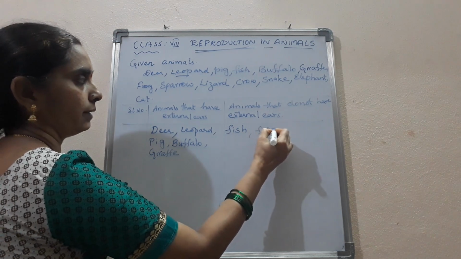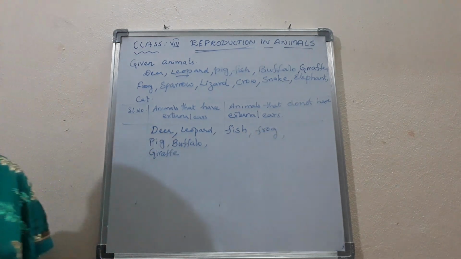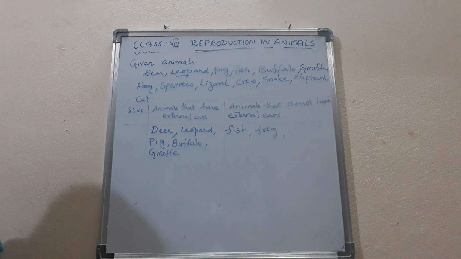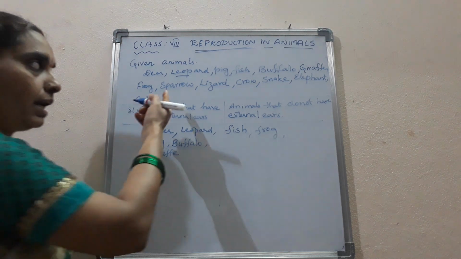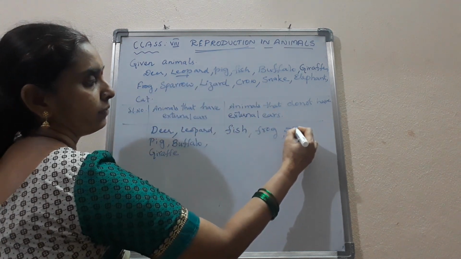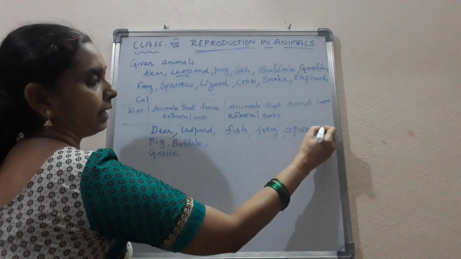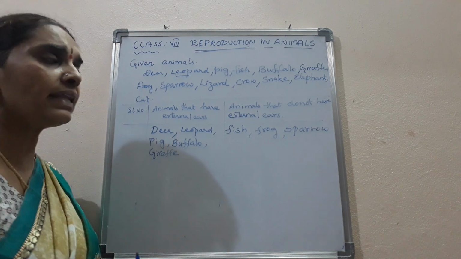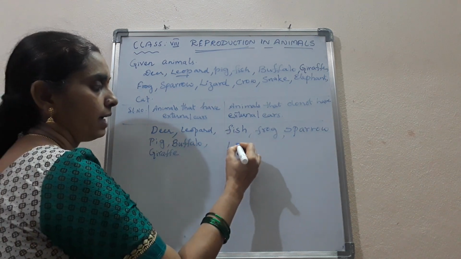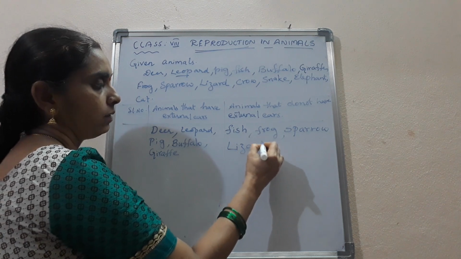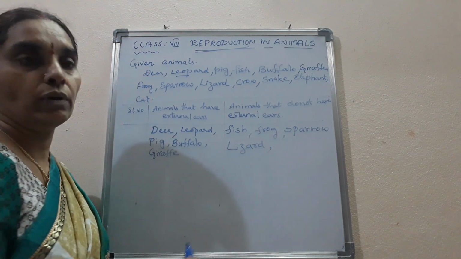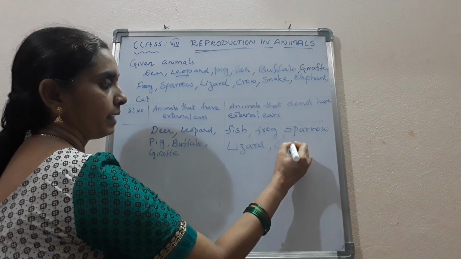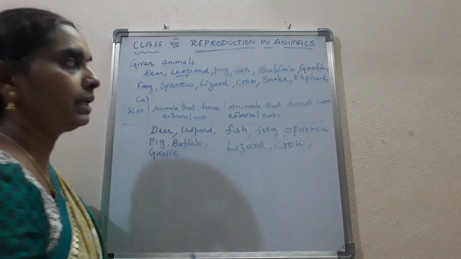So you write here. Next, coming to sparrow. Sparrow has feathers, but it doesn't have hair on its body. So we write sparrow under this column. Next, lizard. Lizard also has no hair. Okay. Next, crow. Crow also has feathers but not hair. So you write here.